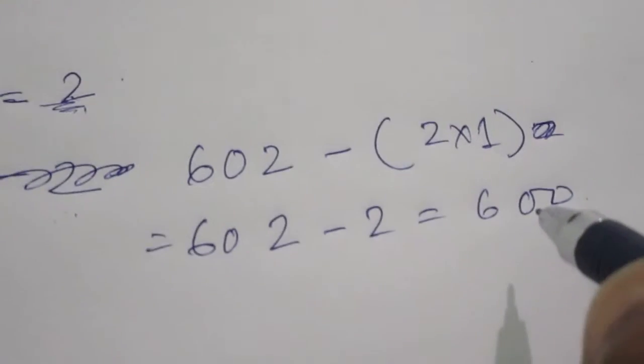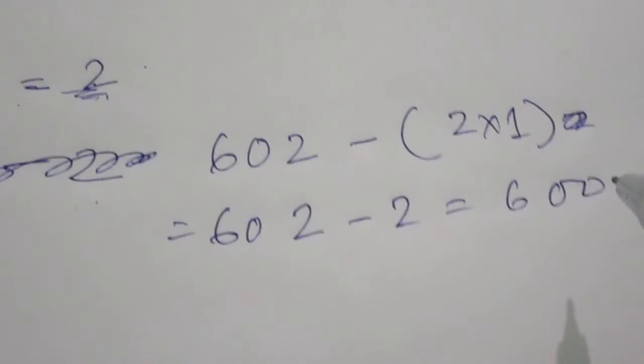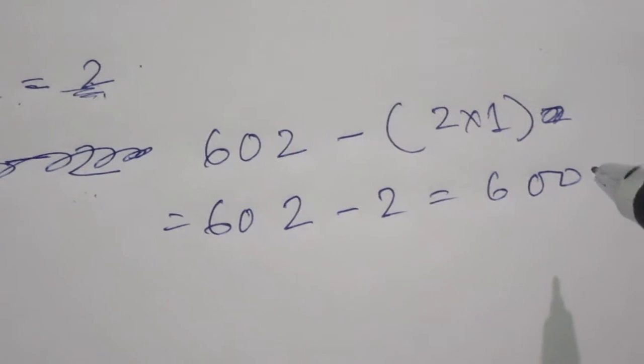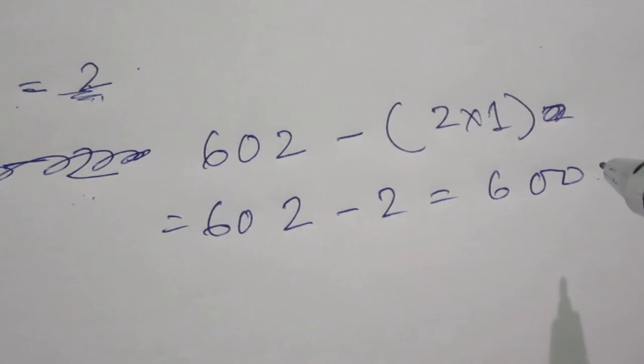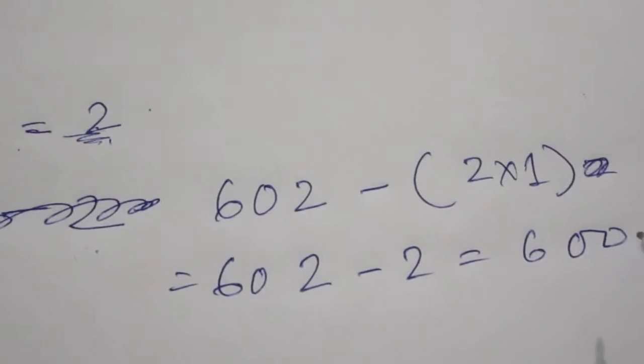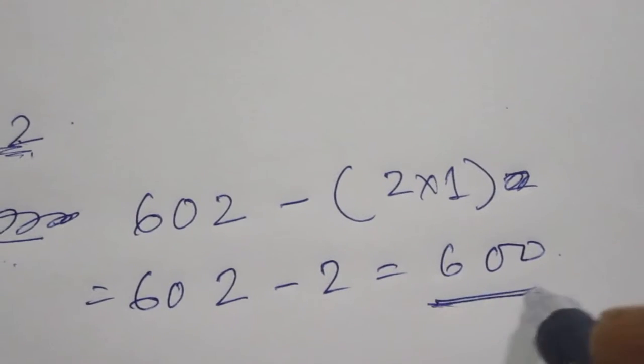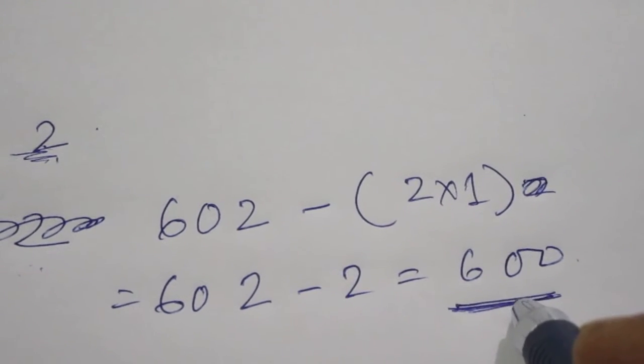So we have to check whether 600 is divisible by 7 or not.